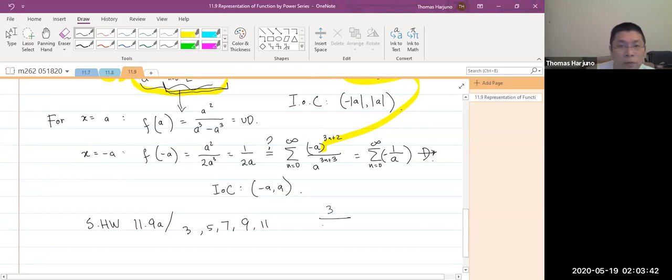So 3 over x squared minus x minus 2. You complete the square. Minus, what's that, 9 over 4, I guess.